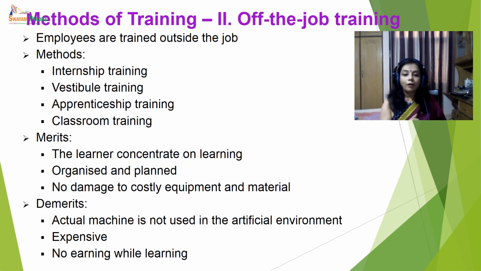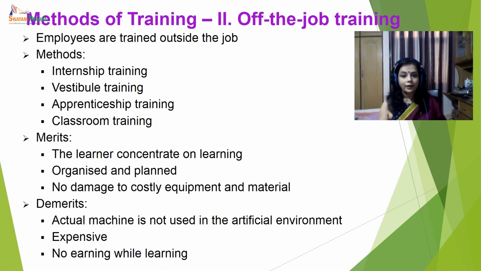So the merits of off-the-job training are: the learner concentrates on learning, it is organized and planned, and there is no damage to costly equipment and material. The demerits are: the actual machine is not used in the artificial environment, so there is a time gap when you have to adjust to the real machine. It is expensive because you have to create the whole training environment.